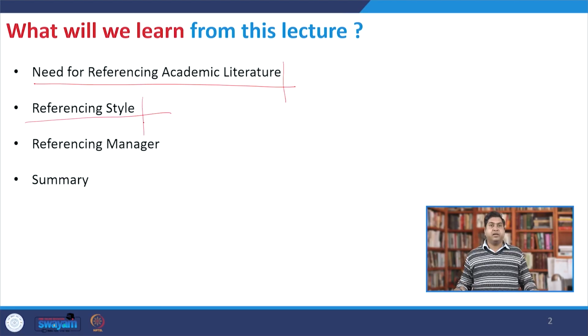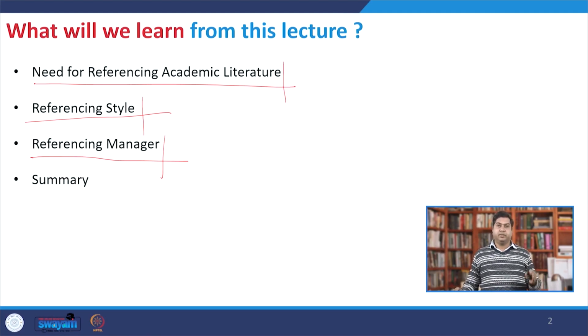Definitely there are n number of styles available, and many a time it will also depend on that particular publication or publisher, that they would like you to follow a certain referencing style. But today I will show you some of the majorly used referencing styles, and I will also give you some insight with a live demo of one such referencing manager.